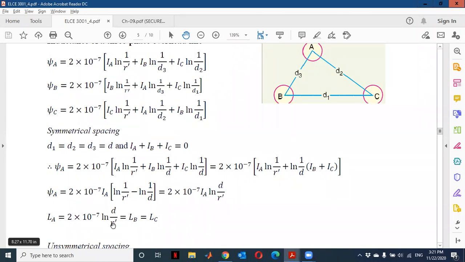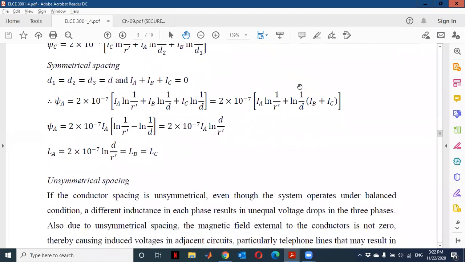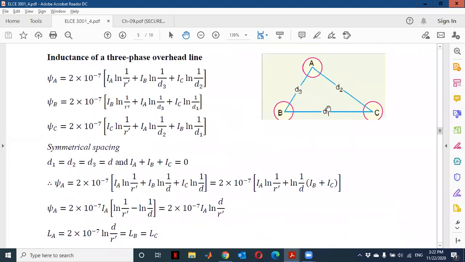R dash here is 0.7788 R, and RB equals RA and equals RC, okay? D is either D1, D2 or D3 because the system is symmetrical, okay?